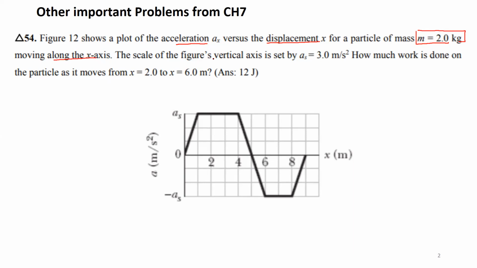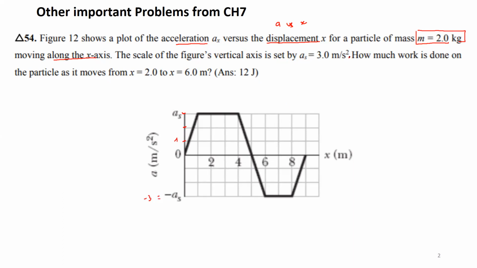Okay. And then what I gave you here is acceleration versus position or displacement x. So here's a scale of the figure. On the vertical axis, AS is equal to 3. So basically this is 3. Of course, this is 2, and this is 1. And this is, of course, minus 3.